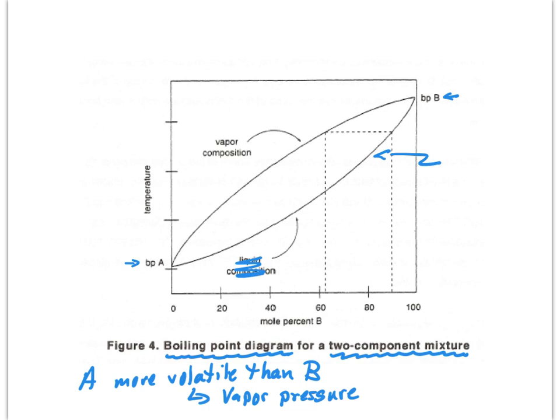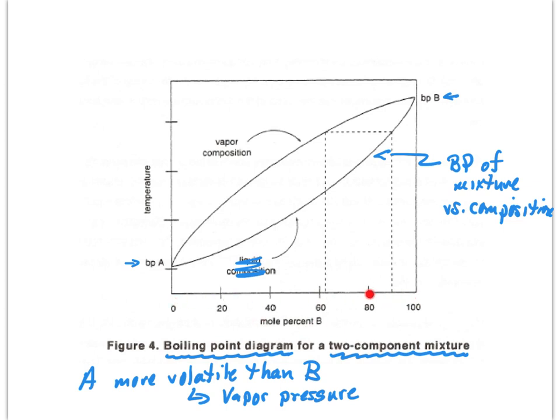And so I disagree with this expression. This line is plotting the boiling point of the mixture versus its composition. So this is the boiling point line. What this says here is that if we have 80% B and 20% A, that's what this is talking about.